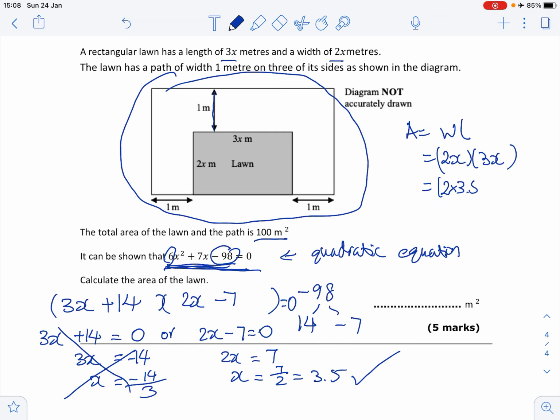So 2 times 3.5, 3 times 3.5. Just type into your calculator. You should have 73.5. The final solution is 73.5 meters.